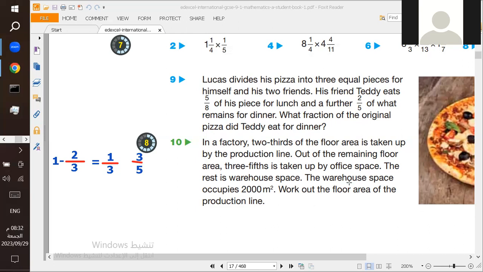Okay? The warehouse space occupies 2,000 meters squared. Work out the floor area of the production line. Okay? That's the idea of the whole question. That's a good question.